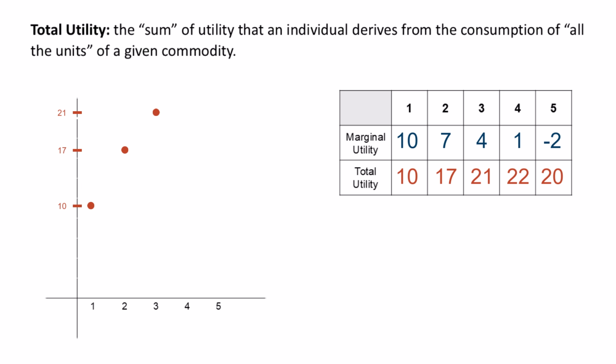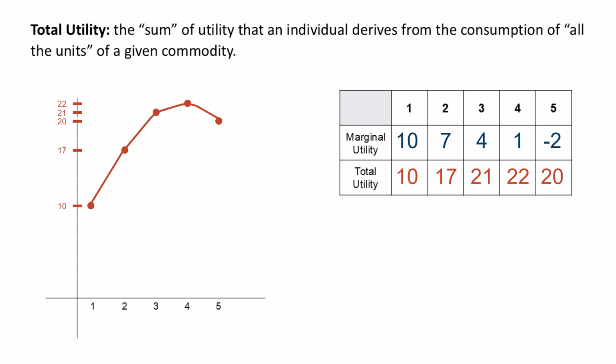And total utility from 4 cups of water is 22. Lastly, the total utility from 5 cups of water is only 20 because we receive negative utility if I drink too much water. As we connect all these dots, we can derive the graph for total utility.